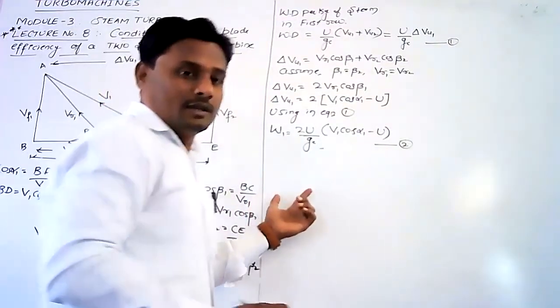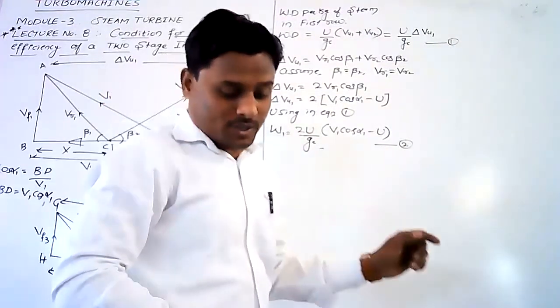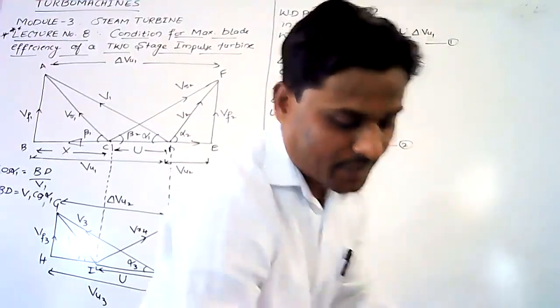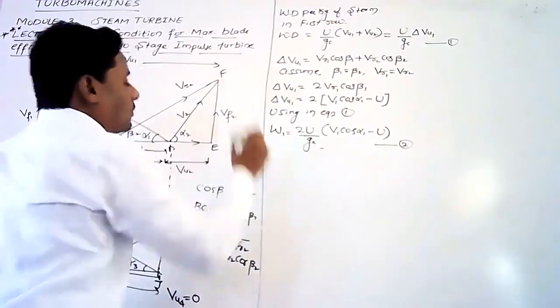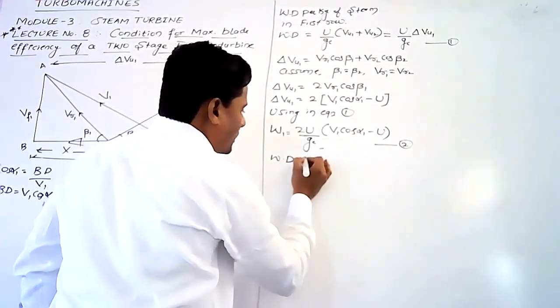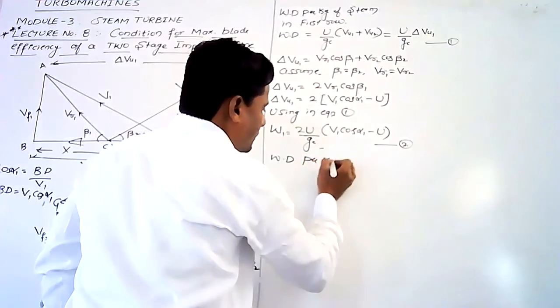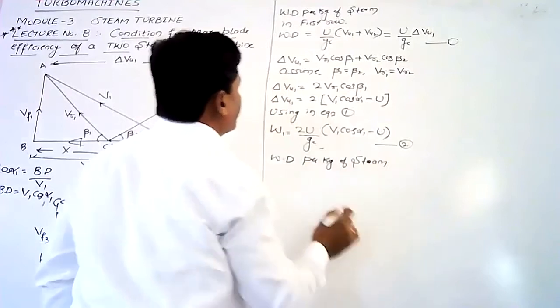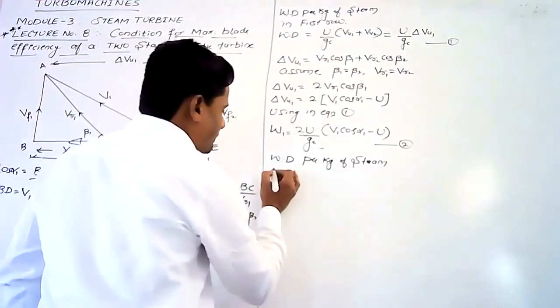Now, similarly, for the second stage, I can write work done per kg of steam in second row.